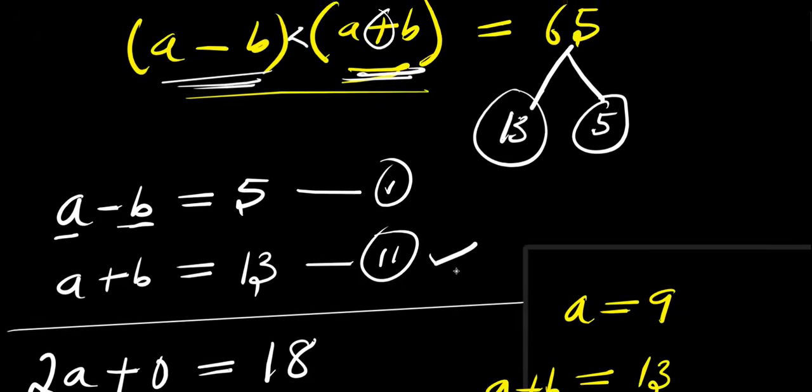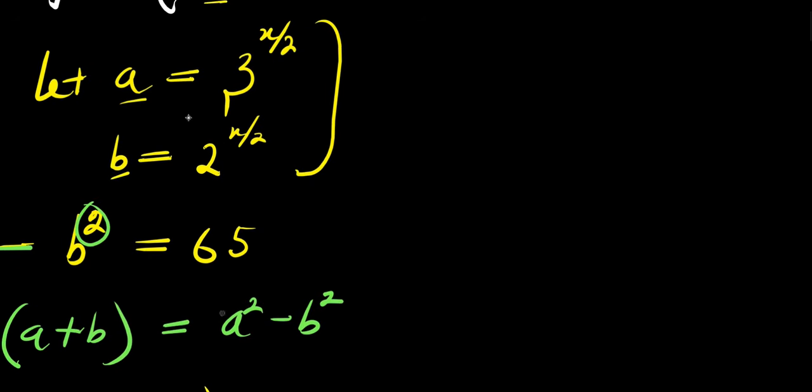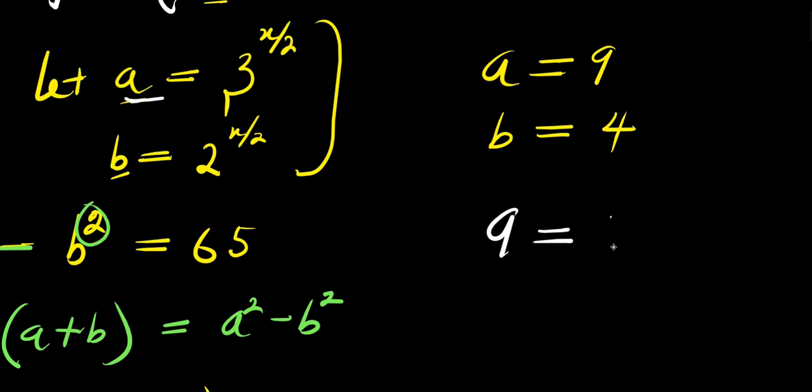So let's get back to the original equation and get our x. Remember, a is 9, b is 4. So to solve for x, where you have a, you replace it with 9. 9 equals 3 power x over 2. 9 is 3 squared, which is 3 power 2.